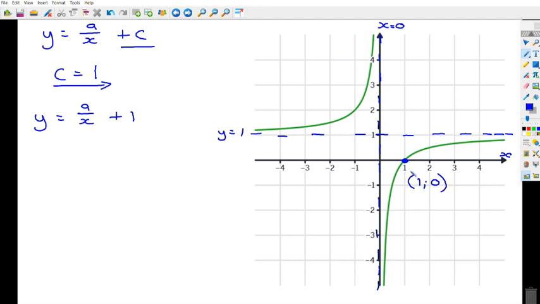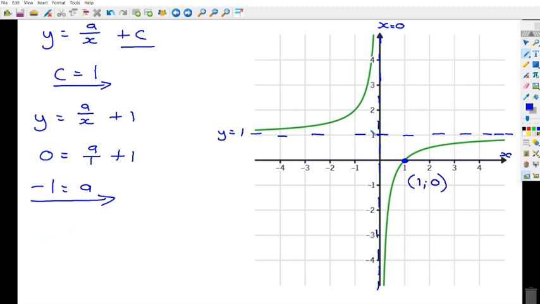So that is a nice example. I know that my x value there is 1, so I've got a over 1 plus 1 and my y value 0. So a over 1 is just a, and I take the 1 over, it becomes negative 1, and now I know that my a value is minus 1.